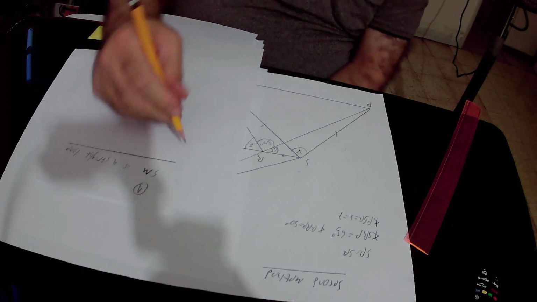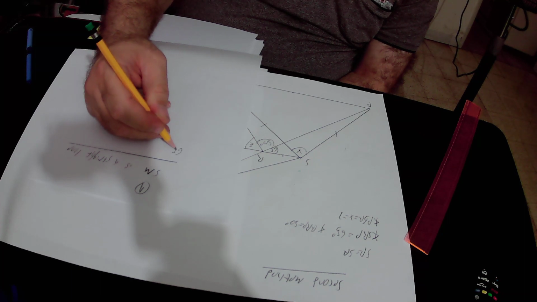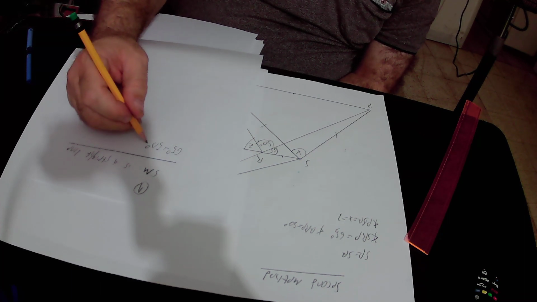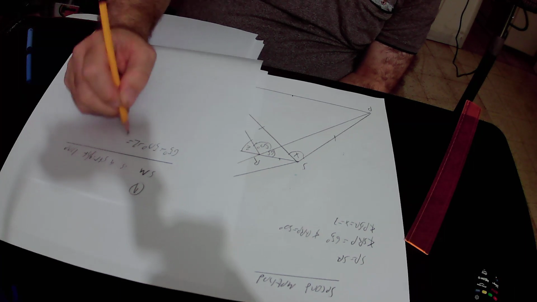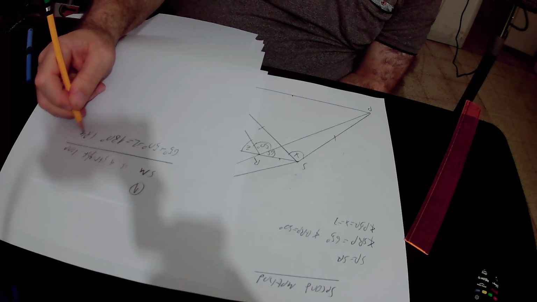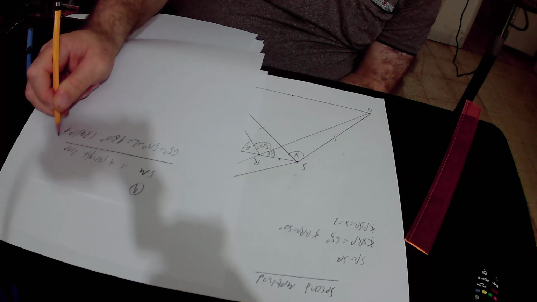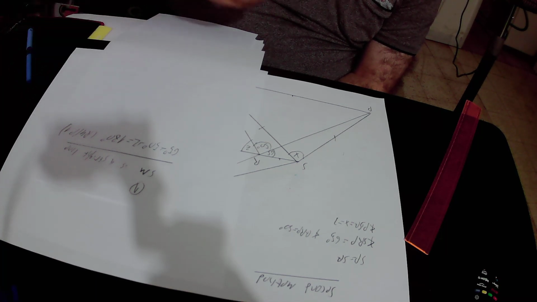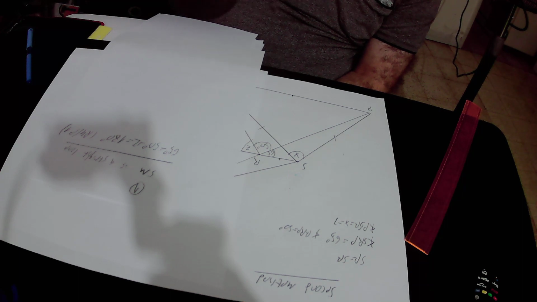65 degrees plus 50 degrees plus the size of angle Z must be equal to 180 degrees according to rule number 1, that I mentioned in the first method.